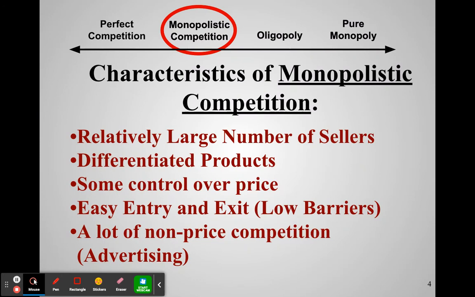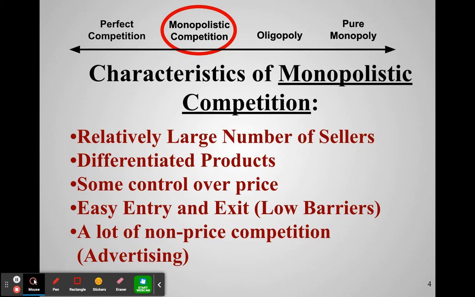If we look at the characteristics of monopolistic competition, it's a little different. As you prep for the AP exam, be sure that you take a quick snapshot of these in your brain and understand how you go from perfect competition to pure monopoly along the scale of the markets. With monopolistic competition, you have a large number of sellers. The products are different, though.